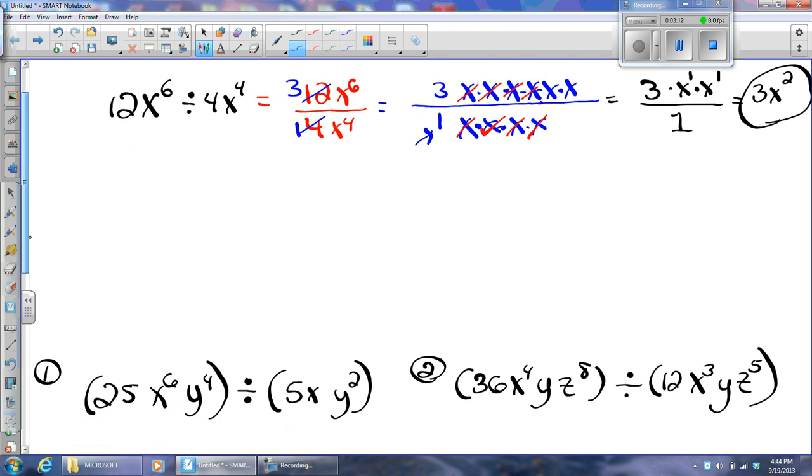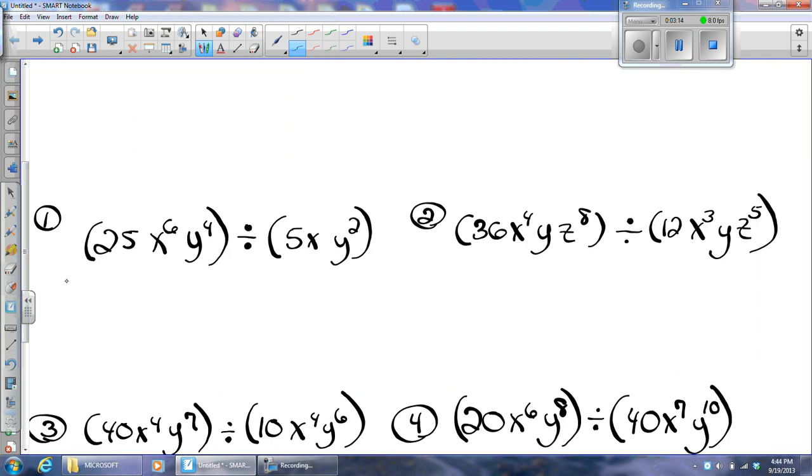Now, check this out. I'm going to do problem number 1 here. I'm going to write 25x to the 6th, y to the 4th, over 5x and y squared. Now, I'm not going to write them all out every single time. It gets too tedious. I know I can simplify 25 fifths. I'll have a 5 in my numerator and a 1 in the denominator. I may drop that out later. We'll see.